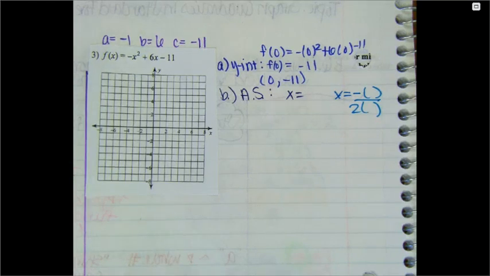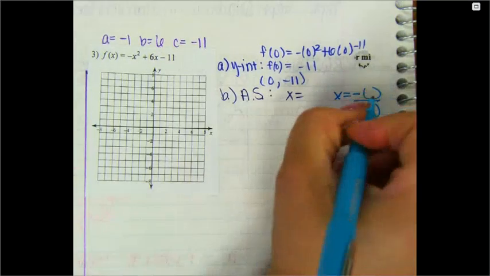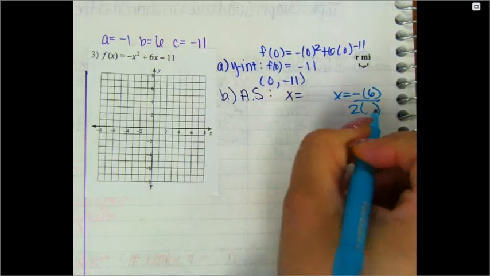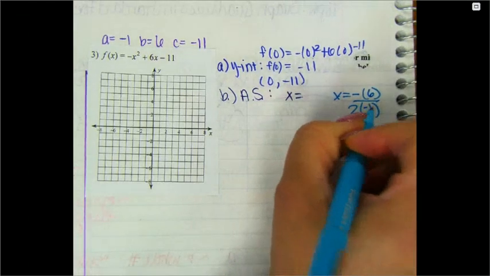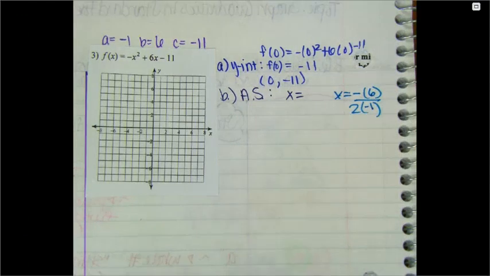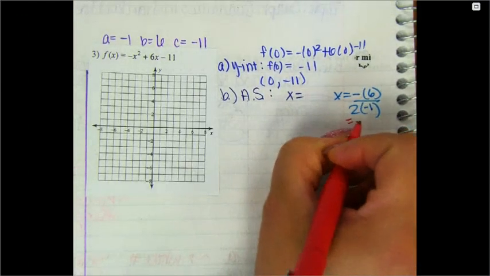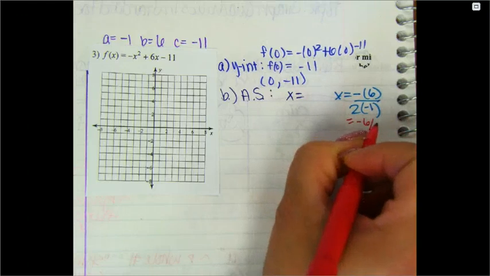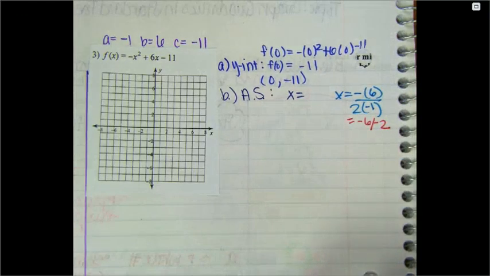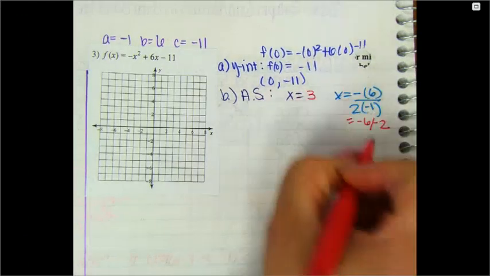So what is my b going to be on top? It's going to be a 6. What's my a on the bottom? Negative 1. So when I multiply, negative times 6 is negative 6, over negative 2. So what is negative 6 divided by negative 2? Positive 3.